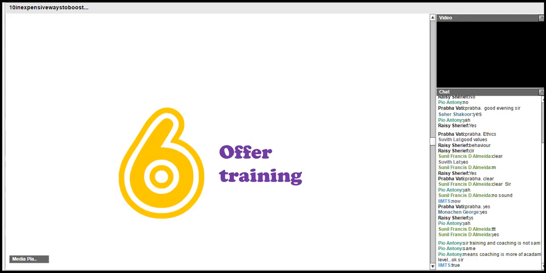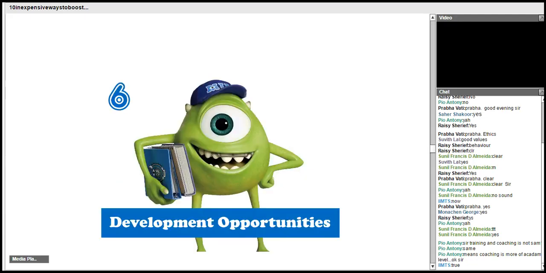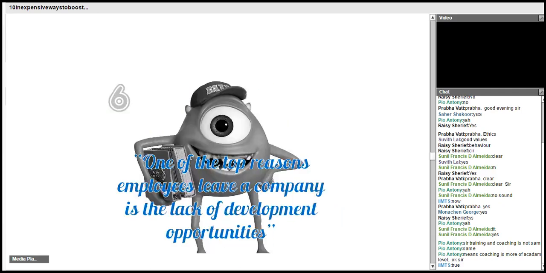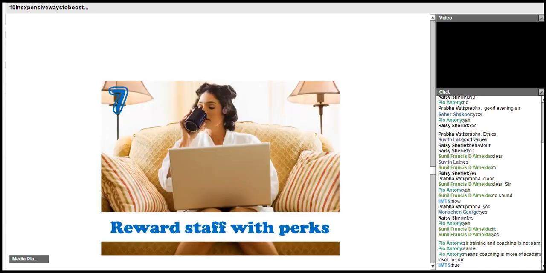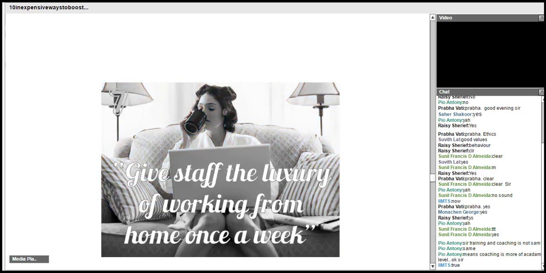6, offer training and development opportunities. One of the top reasons employees leave a company is the lack of development opportunities. 7, give small perks with big personal impact. Reward staff with perks.